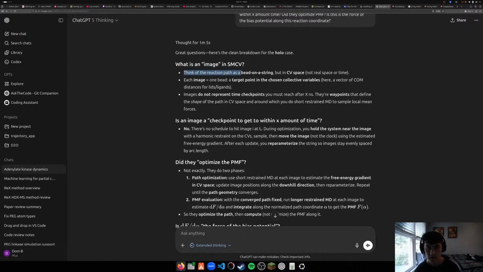Think of the reaction path as a bead on strings, but in CV space. Each image, one bead, a target point in a chosen collective variable.